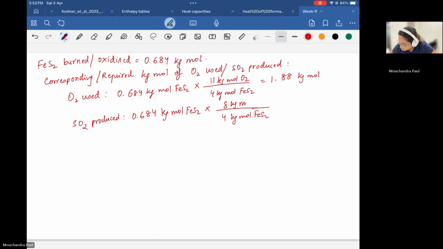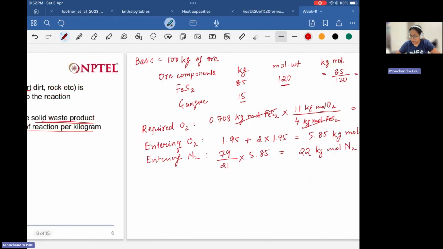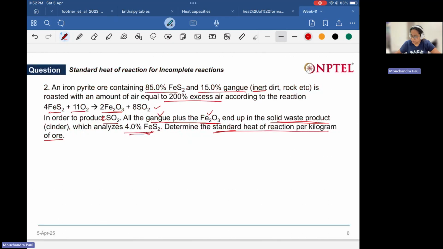So it is 1.368 kg moles. Now we know the number of moles for every component being used in this reaction. Now in order to calculate the heat, that is the question, right? If you remember, this question states you have to determine the standard heat of reaction per kg of ore.